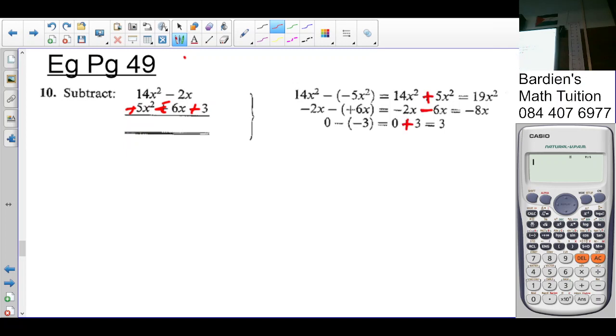Can you see that? So what I do is I just change the signs on the line to its opposite sign. So what is 14x squared plus 5x squared? 19x squared. What's minus 2x minus 6x? Negative 8x plus 3. Right, you guys understand? Any confusion here?